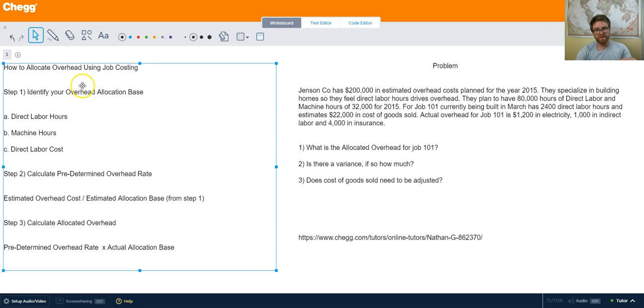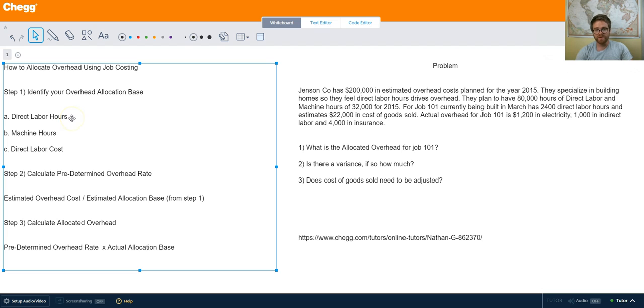So on the left side here, we're going to start with step 1 for allocating overhead. The very first step I came up with is to identify your overhead allocation base. Now, in all my years of teaching, going through many exam questions, I've only seen 3 allocation bases being used.